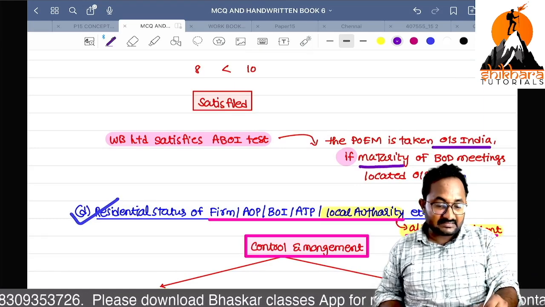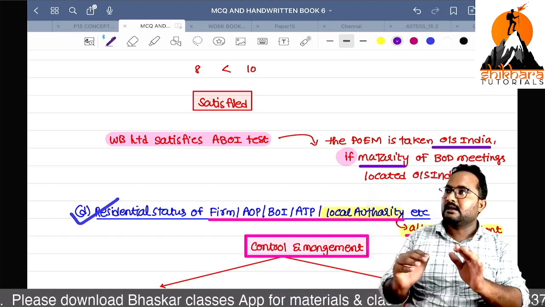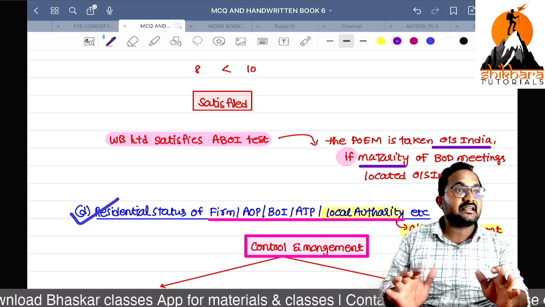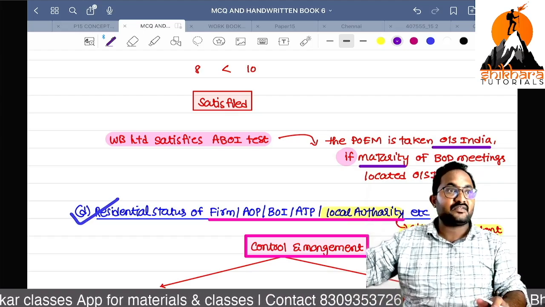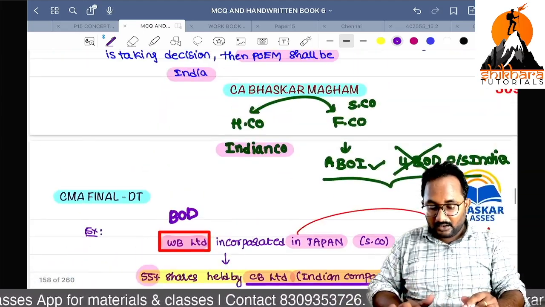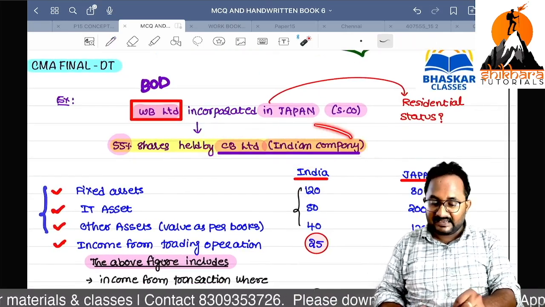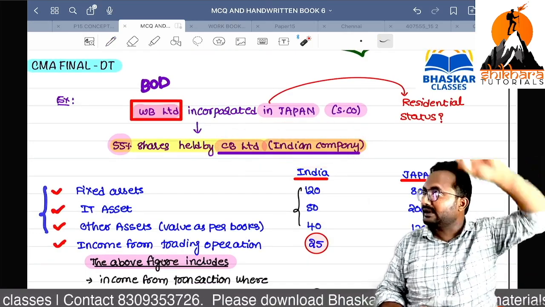If I add in that question as a sub question that the decision making authority is not the board of directors, then the answer directly is POEM is in India only, because who is taking the decision on that occasion? The board of directors are not the decision makers, so who can take the decision? Concept Book Limited, that is an Indian company or Indian resident. Directly we can give the POEM to India.